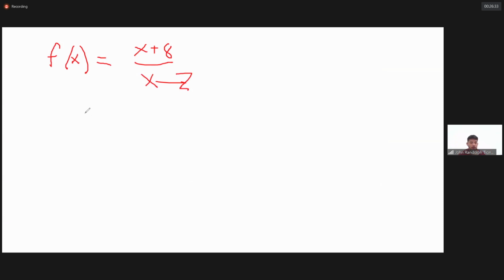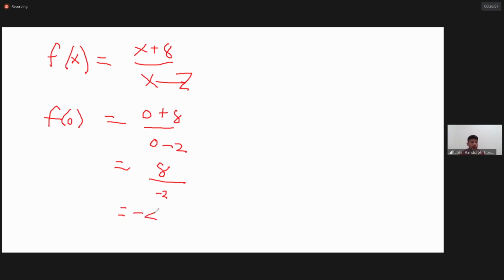Say for example, f of 0 here is just simply equal to, yung x papalitan mo ng 0, 0 plus 8 over 0 minus 2. So 0 plus 8 is 8. 0 minus 2 is negative 2.